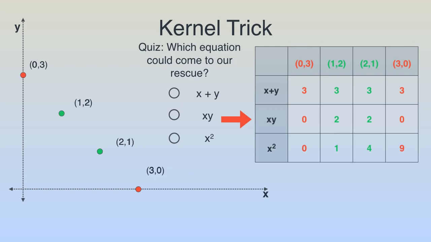But now we look at the product x times y, and that gives us 0 for the red values and 2 for the green ones. So that one seems to do the job, right? It is a function that can tell them apart. So that's the equation we're going to use.